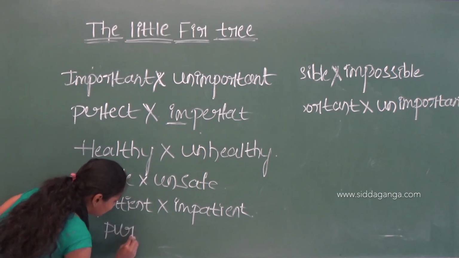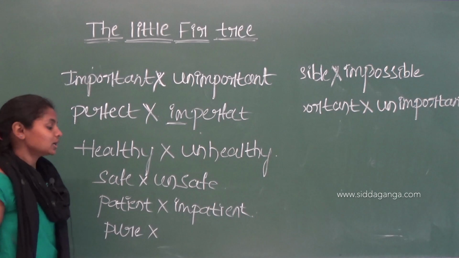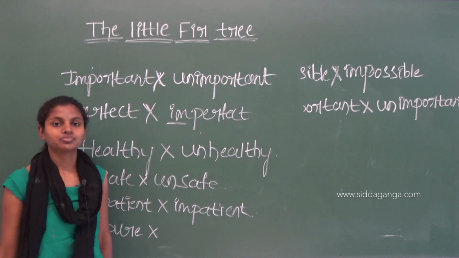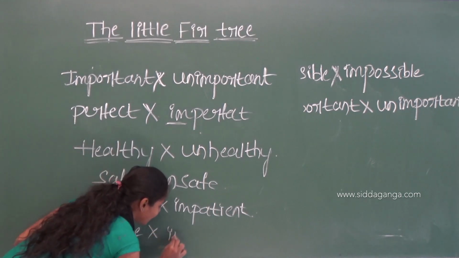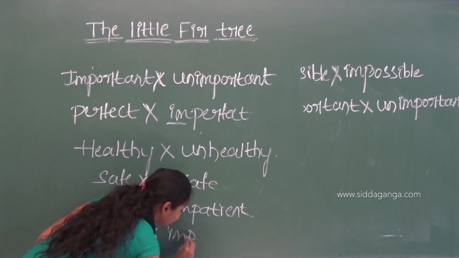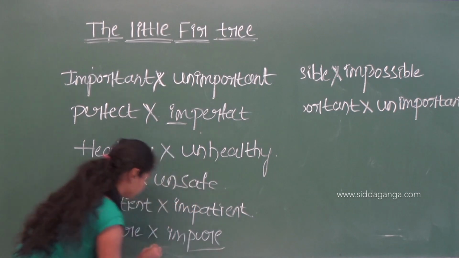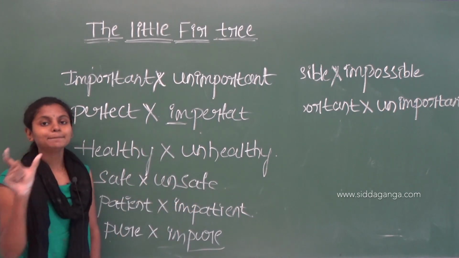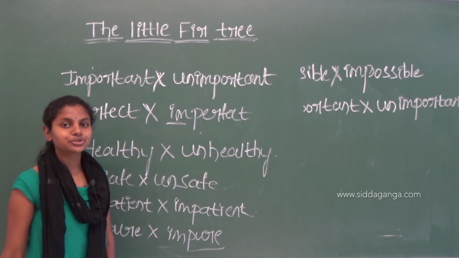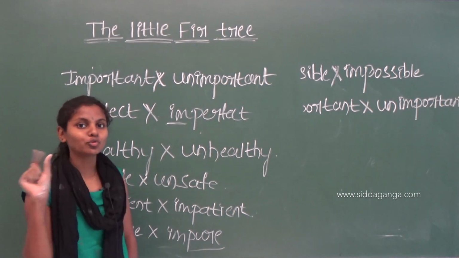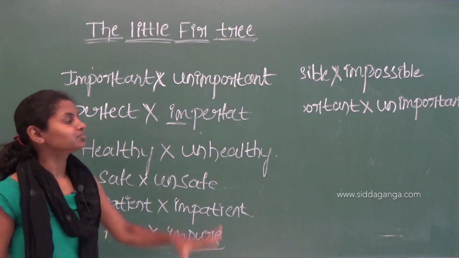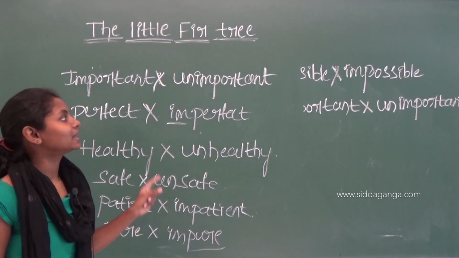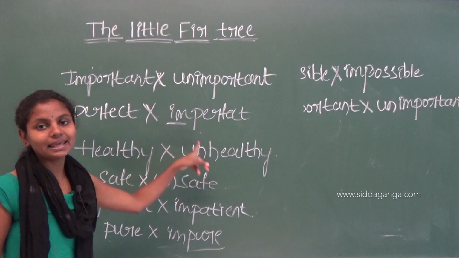What is the opposite word for the word pure? Yes, that is impure. By adding prefix im, we will make an opposite word for the pure, that is impure. Understood? Don't drink impure water. Have you heard this? Yes. These are the opposite words by adding prefix un or im.